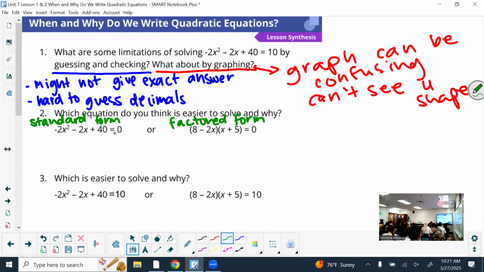Now, both of these are set equal to 0. It's kind of an opinion question, which one you think is easier to solve. But I'm gonna say this one is easier to solve, because if I have two things being multiplied together, this parentheses and this parentheses, and I get 0, what must be true about one of the things I multiplied?